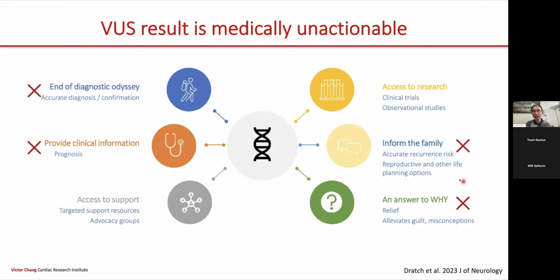etc. And the other aspect, I suppose, sometimes we don't talk about, is you provide an answer to the proband, the one that had the genetic test, whether it's the cause or it's not the cause. Also to the family as well, because then you can do cascade testing to identify, sometimes the parents pass the gene down to the children.